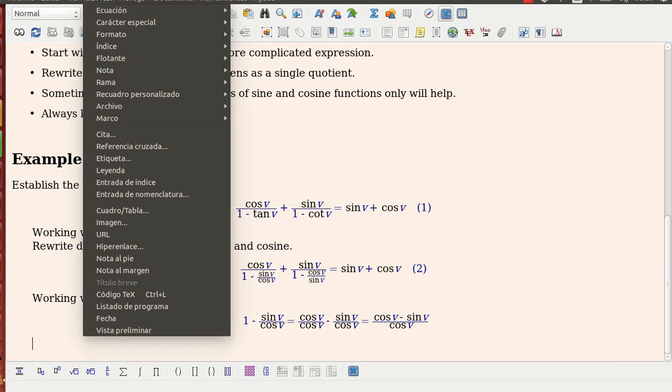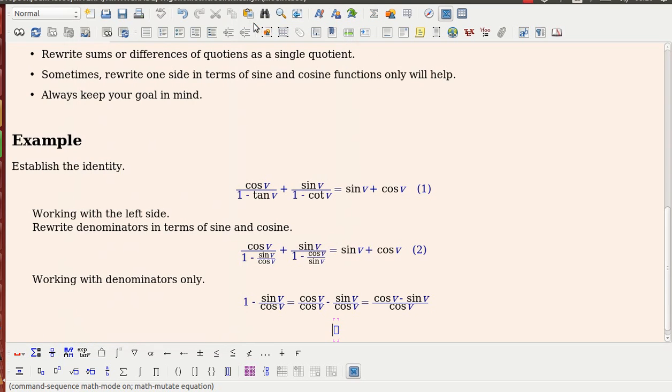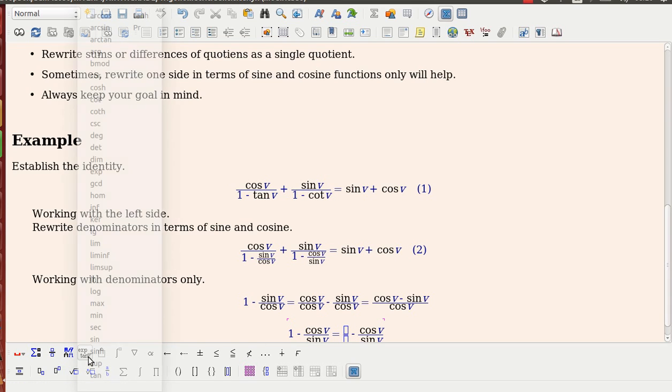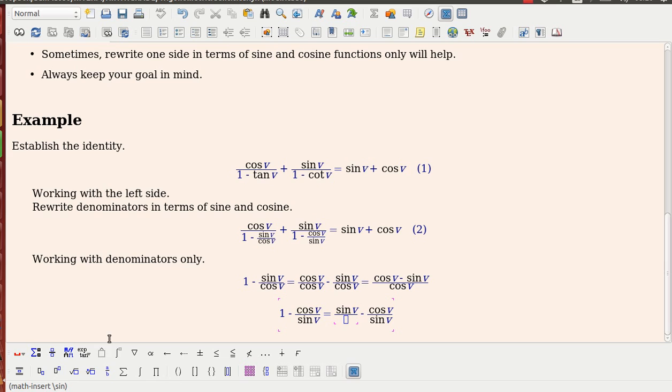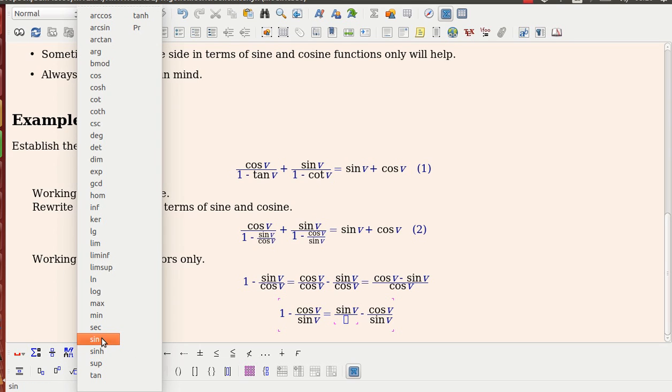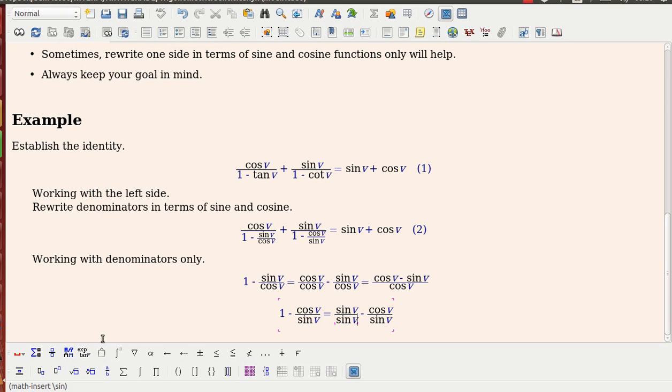Now let's work with the other denominator. We can do exactly the same, but now one is not with cosine but with sine. Sine of b over sine of b.